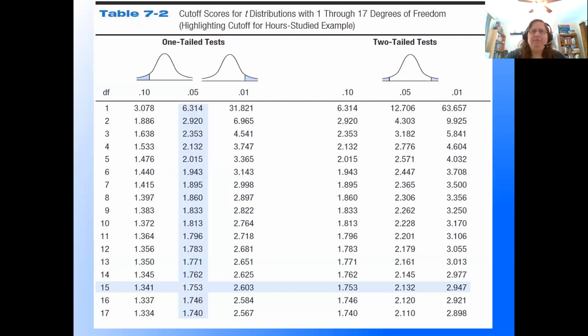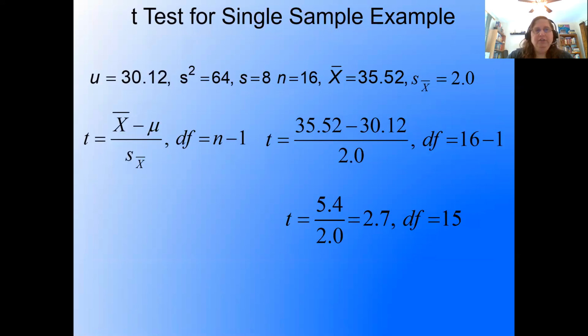But suppose this had been a one-tailed test. Then we have to watch the direction, right? Let's go back here. If we said that the sample mean of more would be higher than the population mean, then we've got to look at our two means and decide, is 35.52 higher than 30.12?